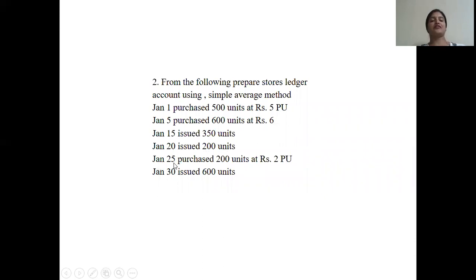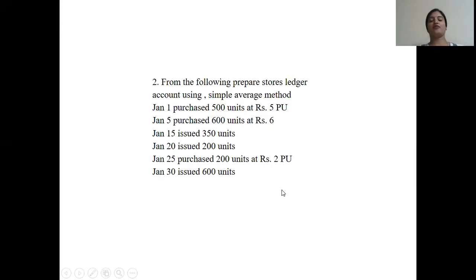On Jan 25th, purchase 200 units at rupees 2 per unit. On Jan 30th, issued 600 units. This was the problem. I hope you all can try. Now, however we have done it with the help of the working note, you can try the problem. You can consider this as an assignment and try it at home.